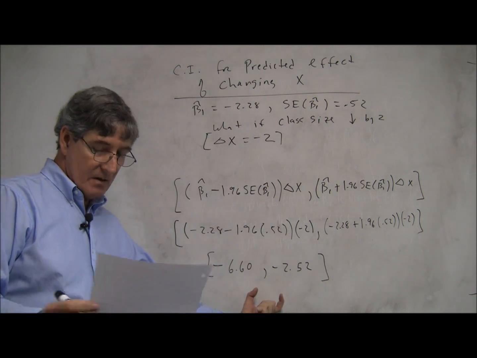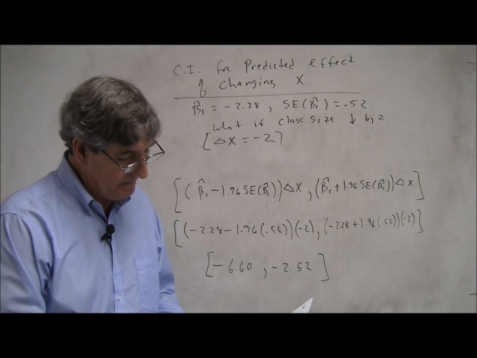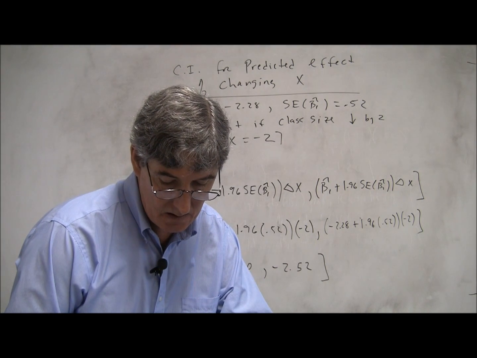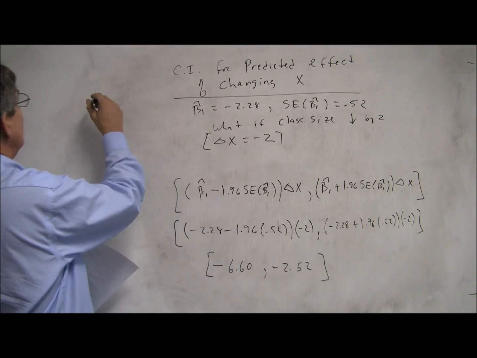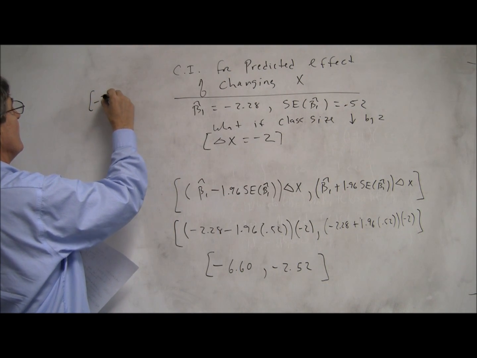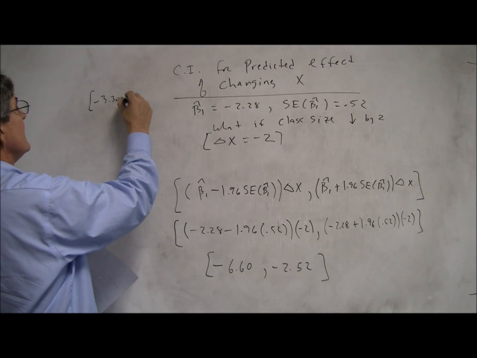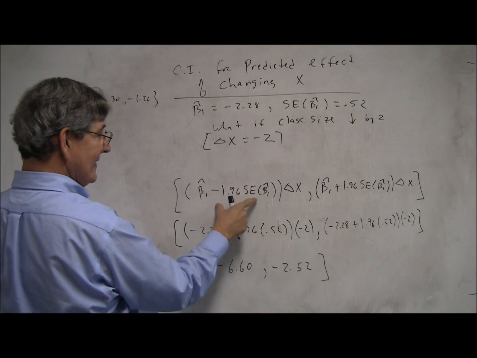By the way, that's just taking the confidence interval from before. Remember what it was? For the test score example, it was minus 3.30 and minus 1.26. That's the stuff inside here.